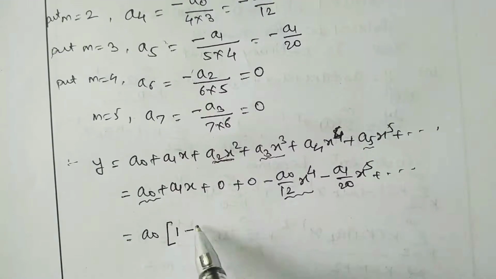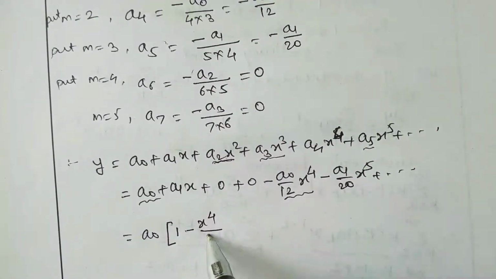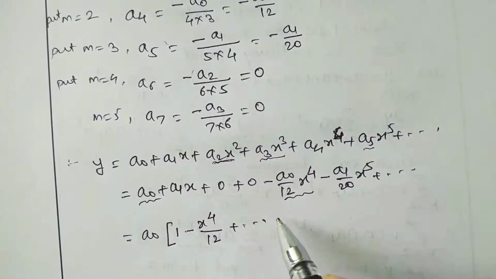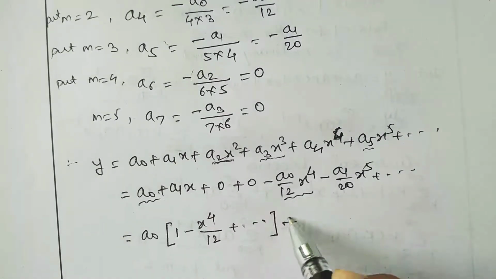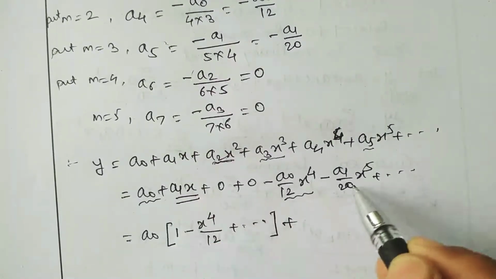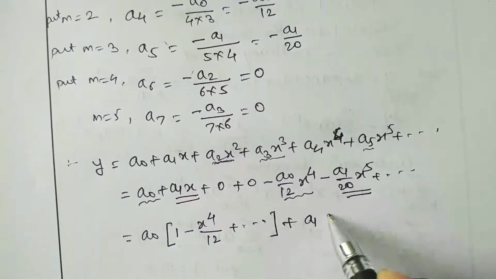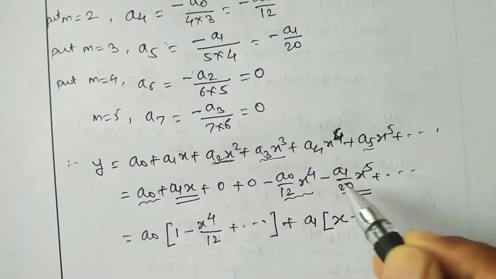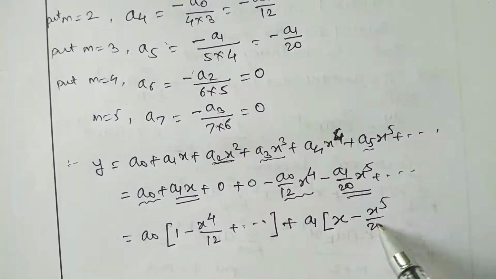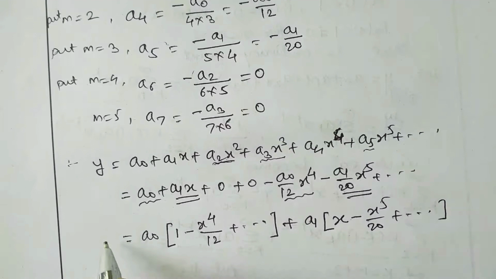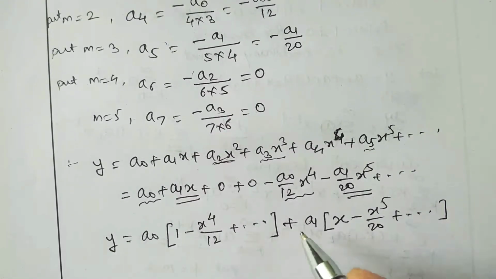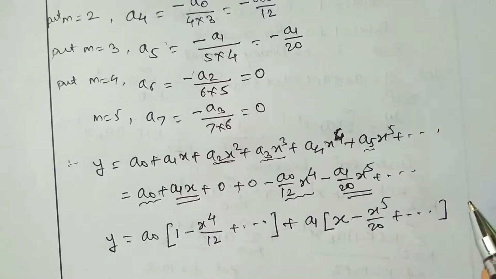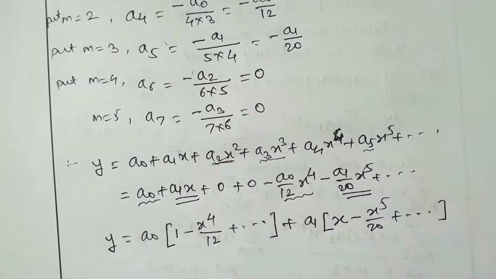Taking a1 common, you will get x and here -x^5/20 plus so on. So we will get y = a0(1 - x^4/12 + ...) + a1(x - x^5/20 + ...). This is the general solution for the given example.